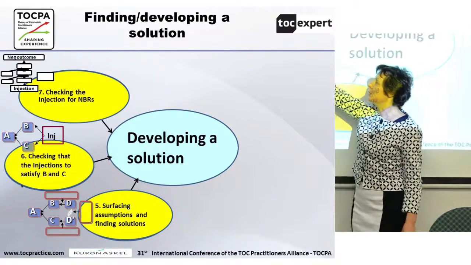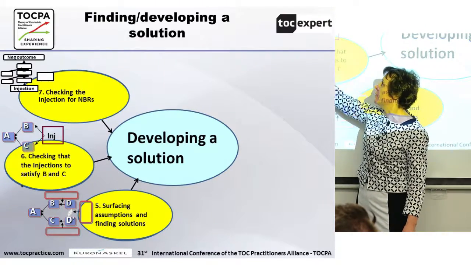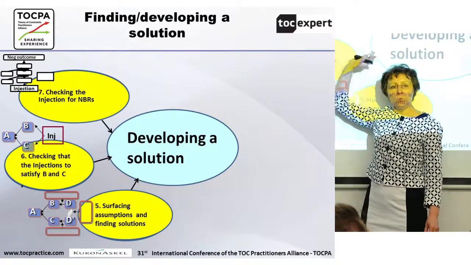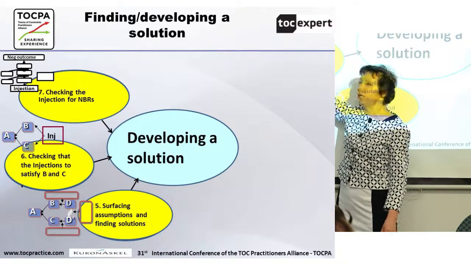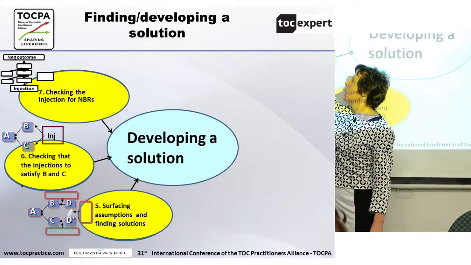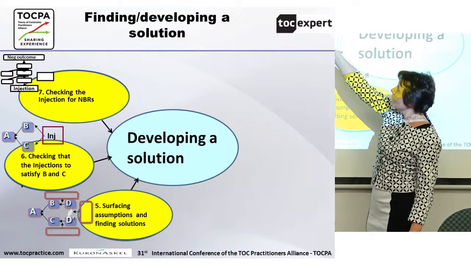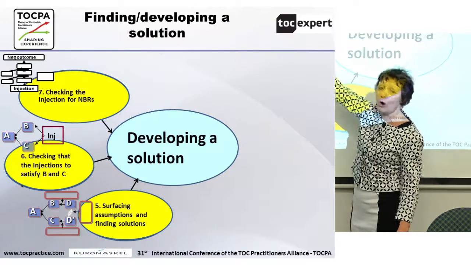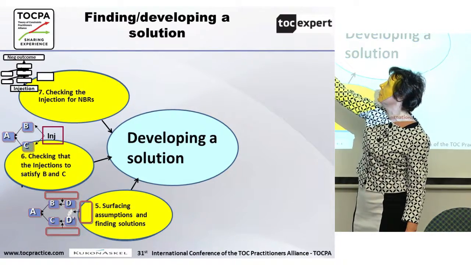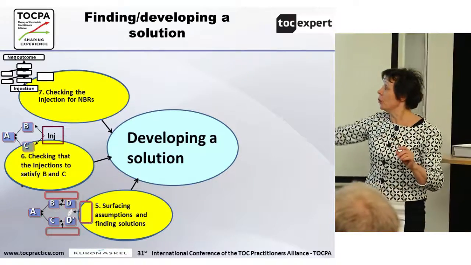Here we're checking that the injection, our solution, will be satisfying B and C. Right now our conflict kills either C or B, and we cannot get A. We need something that will lead to achieving both necessary conditions to achieve our A. And then we check that there will be no negative outcomes. And if we find them, we trim them. So this is what we do.